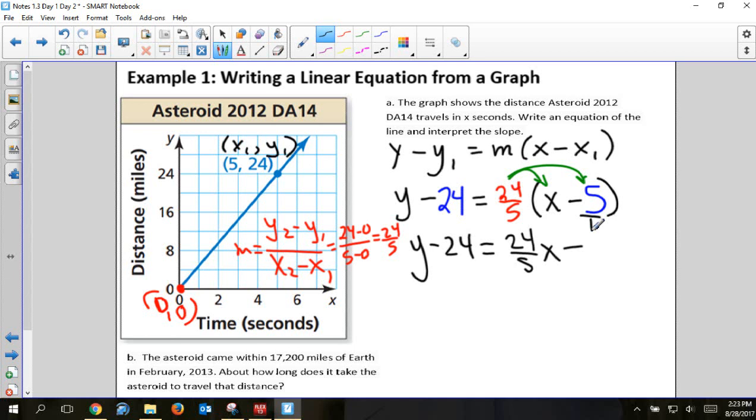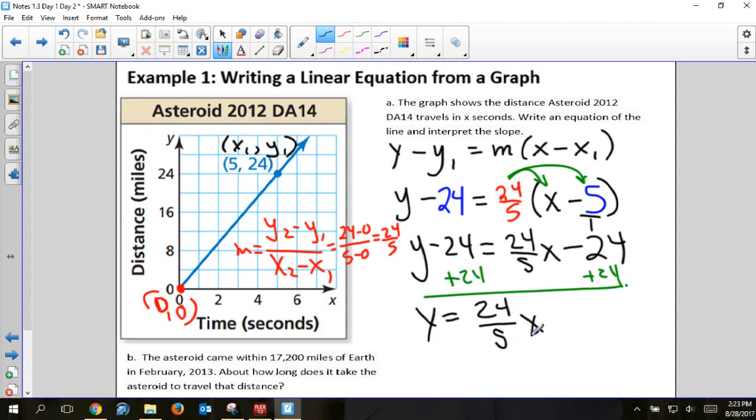Did you need your calculator? The 5 that you multiply by and that you divide by, they cancel each other out. So now we add 24 to both sides so that we can get y by itself. We have 24/5 x plus 0, so 24/5 x. That's our equation.